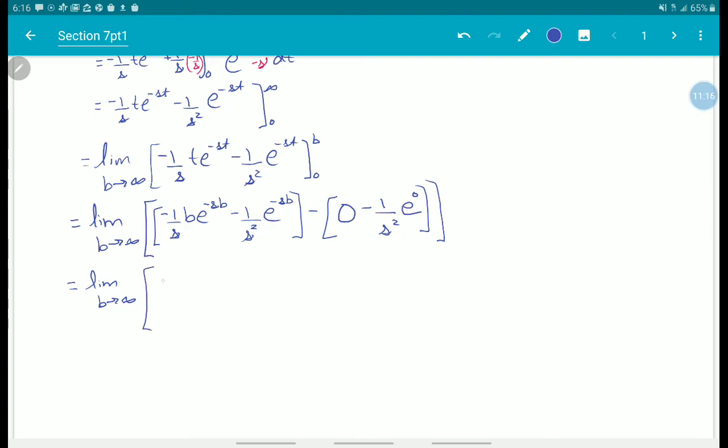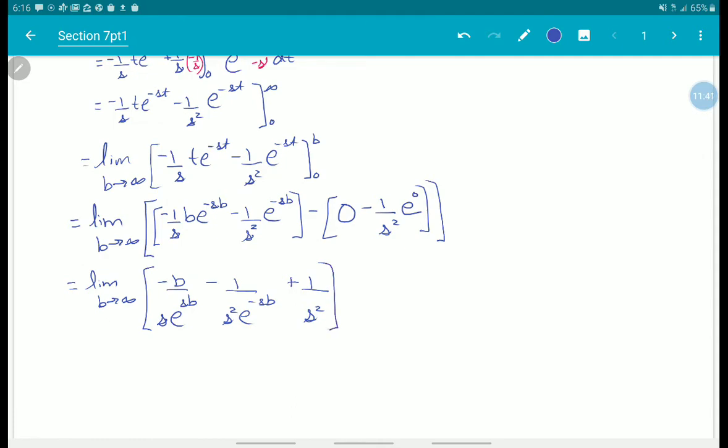So we have negative 1b over s e to the sb minus 1 over s squared e to the negative sb. Now minus negative there turns that into a positive 1 over s squared, and e to the 0 is 1.